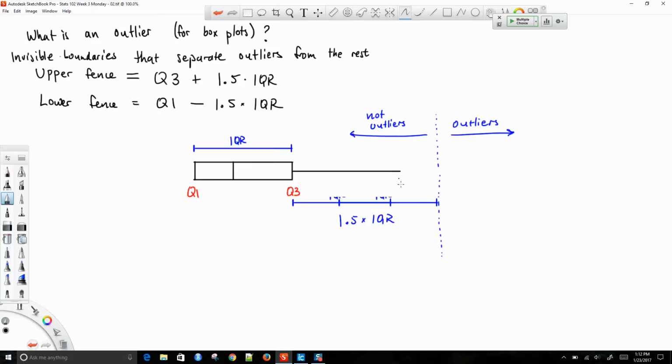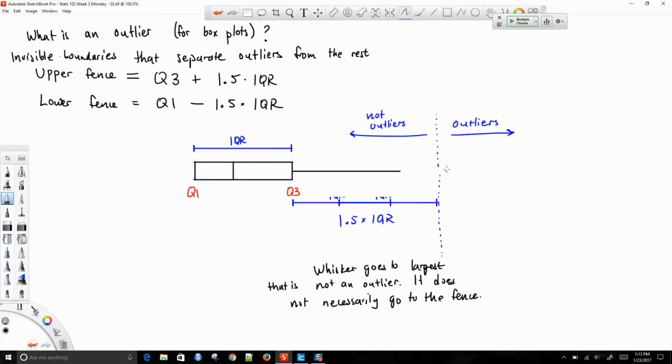Okay, so the whisker goes to the largest point that is not an outlier. It does not necessarily go to the fence. Okay, and then if you have anything that's larger than the fence, these are considered outliers. Okay, whatever. I'm just arbitrarily drawing some dots there.